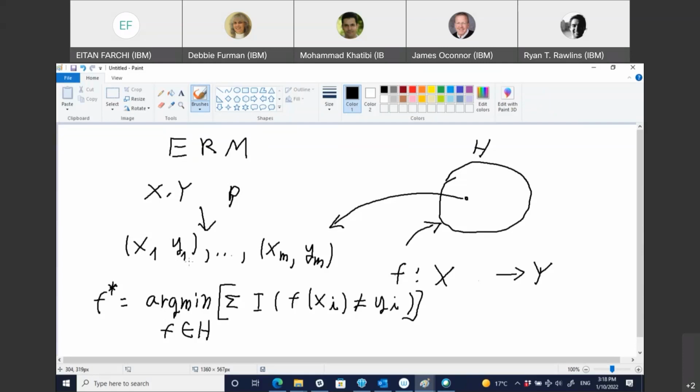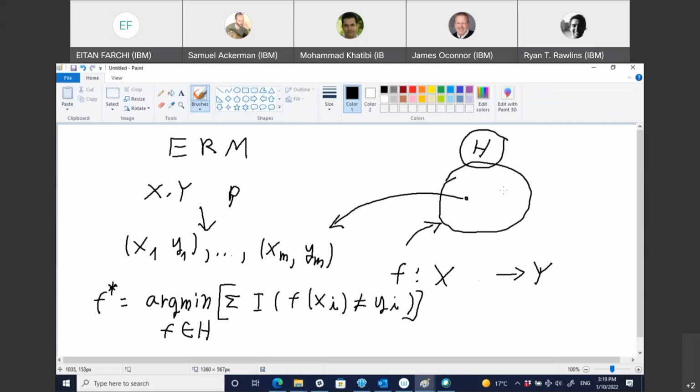So maybe can someone give me an example of an H you are using in machine learning with standard algorithms? Is H going to be a set of classifiers?